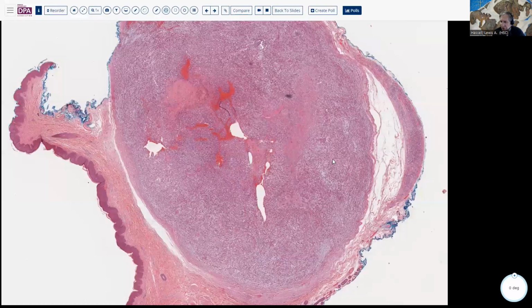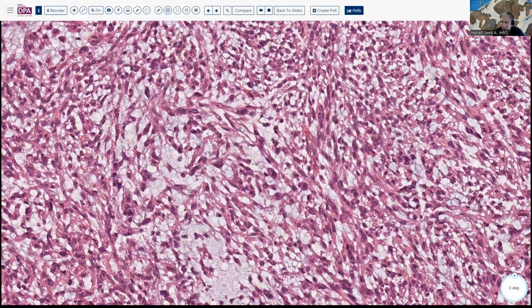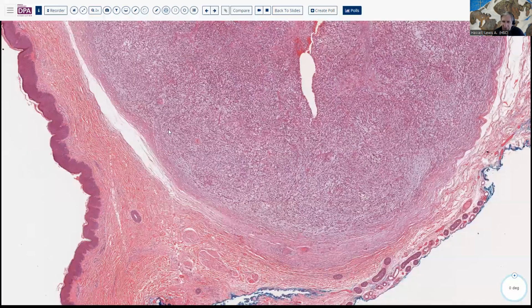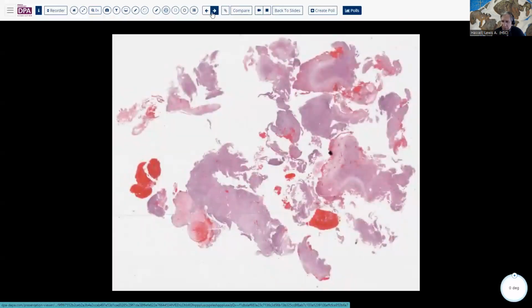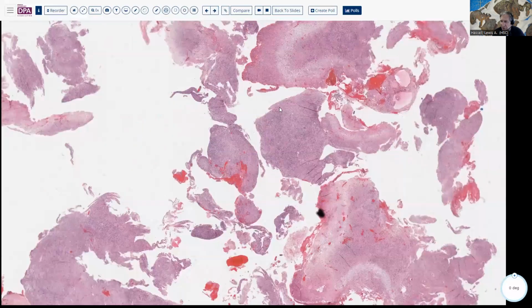Now here's a very cellular schwannoma with a bit of a myxoid background that you can see here. So this would have another interesting differential diagnosis with potentially other spindle cell tumors of the subcutis. And here, one from the intracranial region.